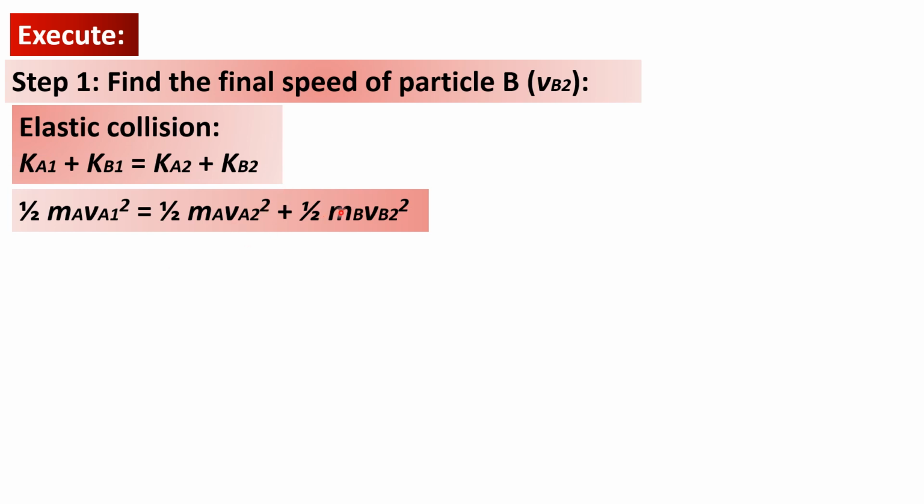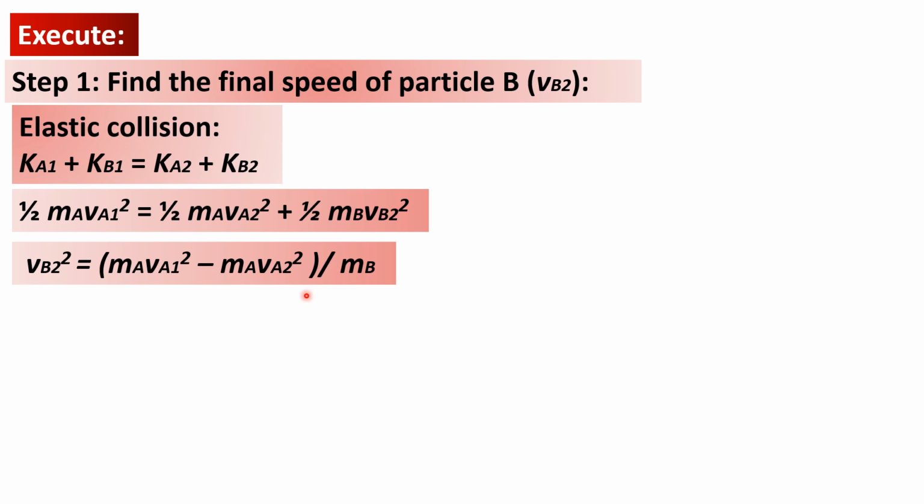Plus, of course, the kinetic energy of particle B after the collision, expressed as 1/2 times its mass and its speed, v_B2 squared. Before the substitution, we will first isolate v_B2, since that is what we are looking for.